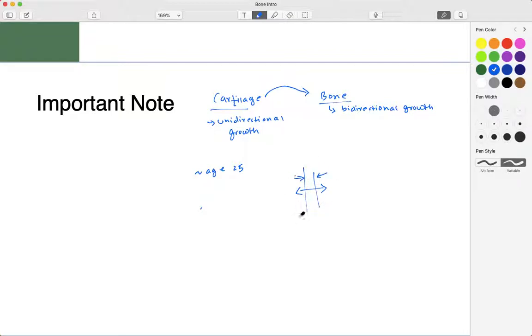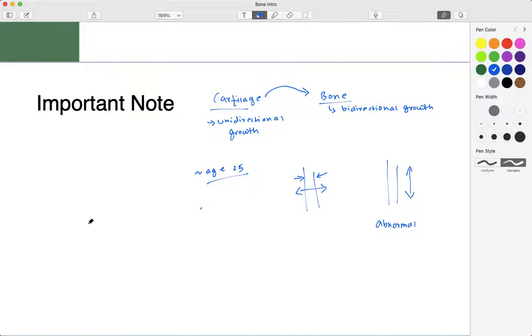But the length might not change, unless you have an abnormal condition. In normal conditions, at 25 the length is going to stop. And why is that? The answer will come in the next lecture when we talk about endochondral ossification.